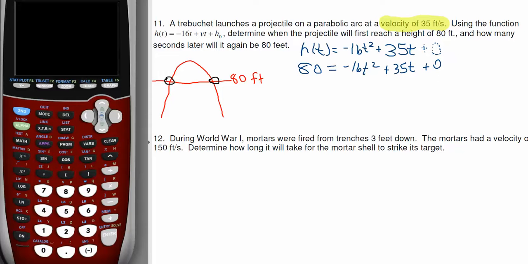Now, in order to use our quadratic formula to do this, what we're going to have to do is make sure it equals 0. In order to do that, we've got to subtract the 80 on both sides. Not 88, 80.